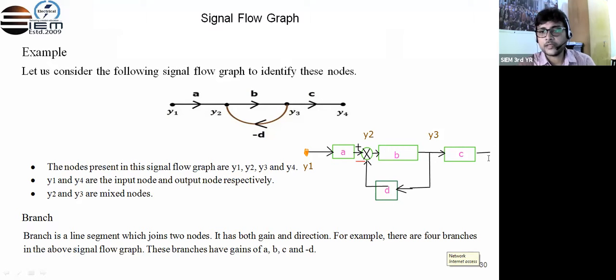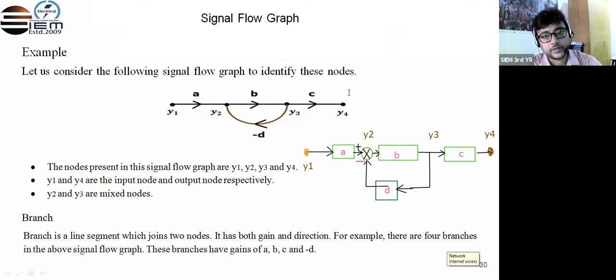And the last value, that is the output, can be considered as another node, that is y4. Clear? So this y1 we have represented here, then y2 is represented here, then y3 is represented here, then y4 is represented here.